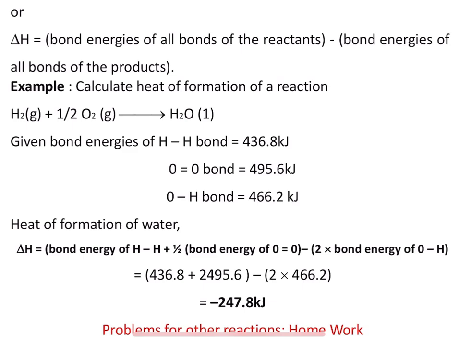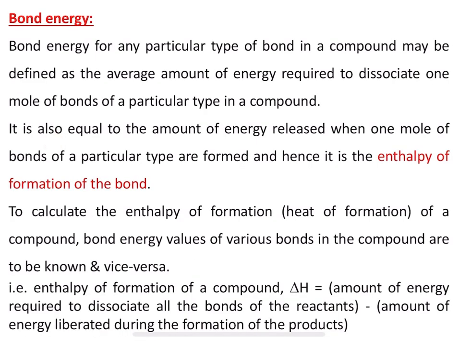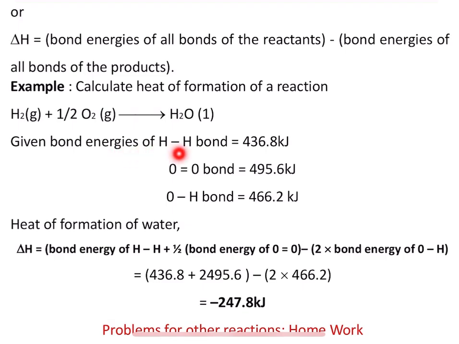They have given the bond energies of H and H, that is the hydrogen bond. So what is the bond energy of the hydrogen bond? This is quite common. These are all common values. Wherever you see hydrogen bonding, the bond energy between these two hydrogens will be 436.8 kilojoules.